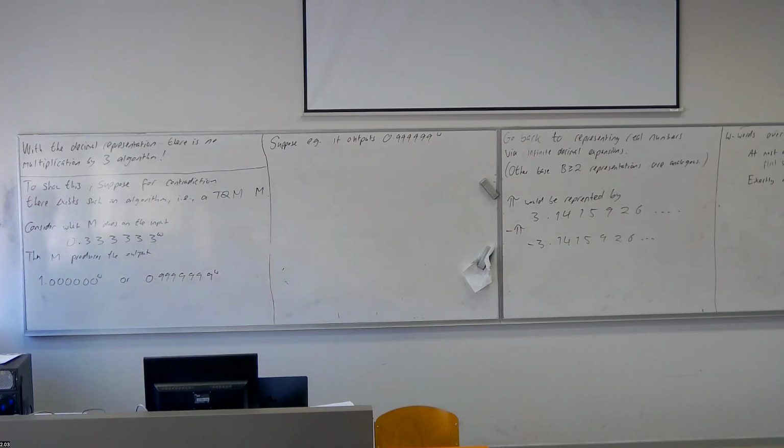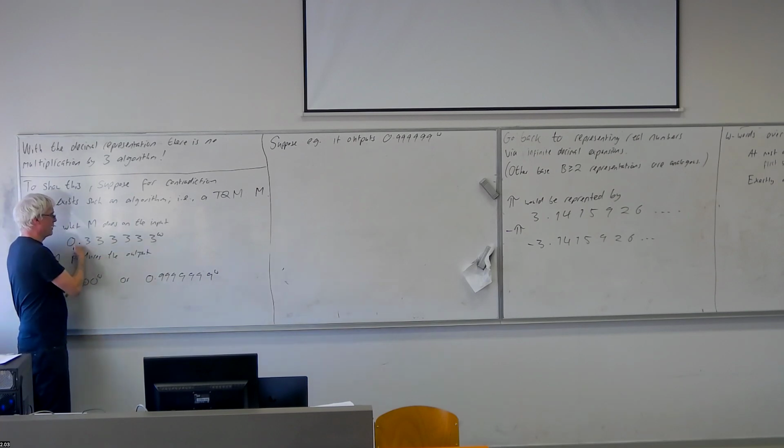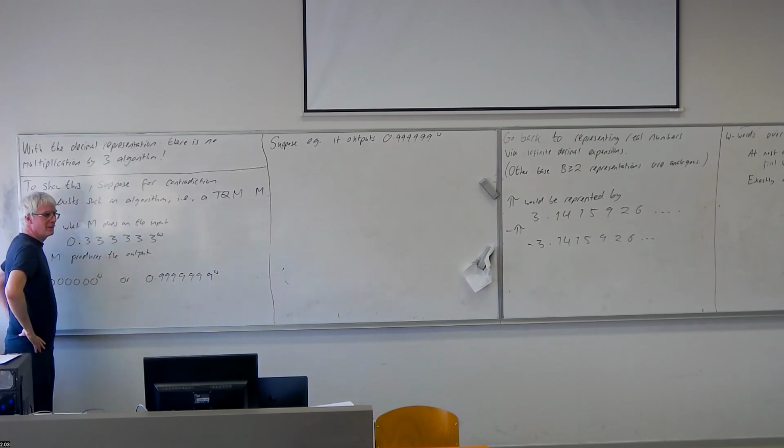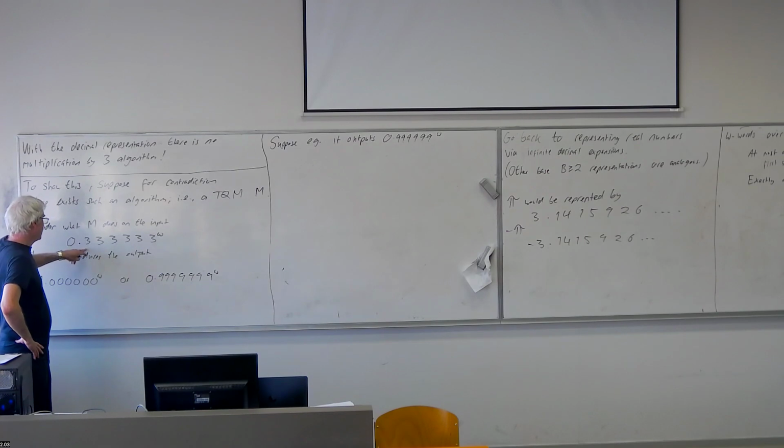And then we want to see what the problem is. The machine needs to read this input sequence decimal digit by decimal digit, and it needs to output one of these.